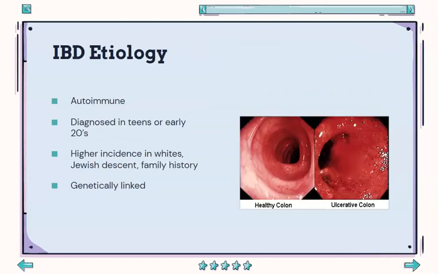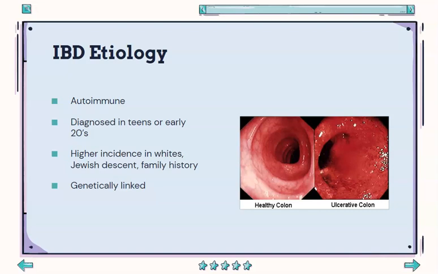Some etiology of irritable bowel disease, or inflammatory bowel disease, excuse me. It possibly does have an autoimmune component. Usually it is diagnosed in the teens or maybe early 20s. Quite a bit of people will end up with some form of inflammatory bowel disease. It's usually maybe 1 million Americans who will have it.